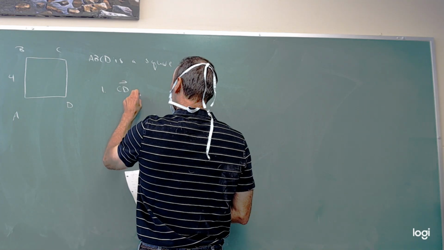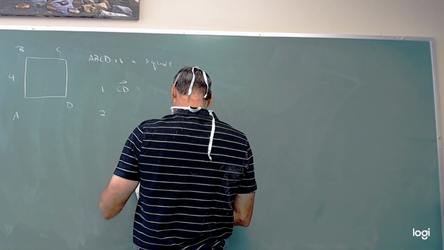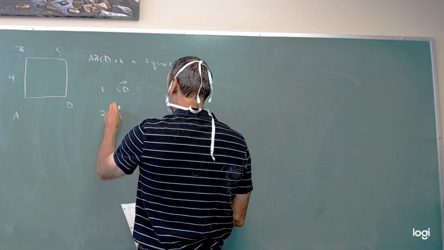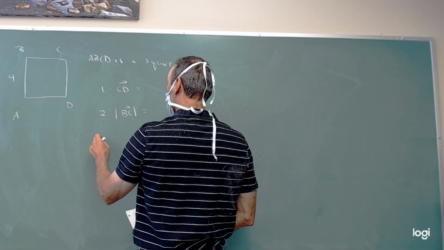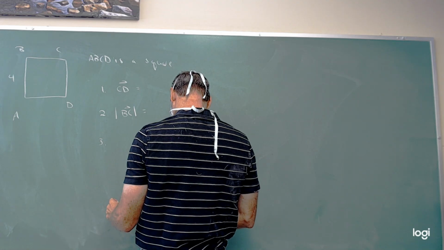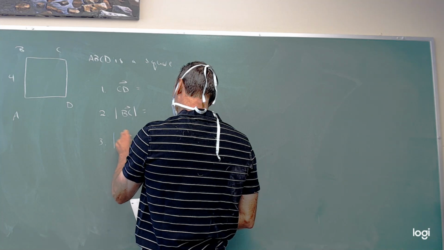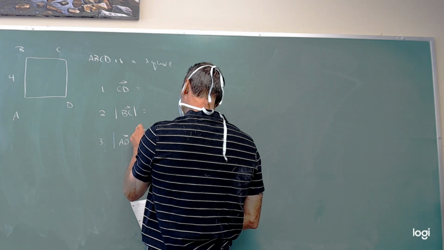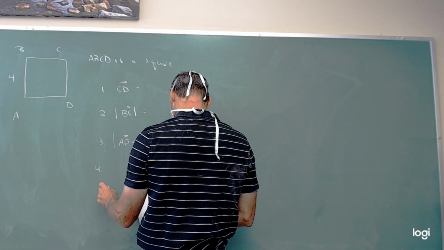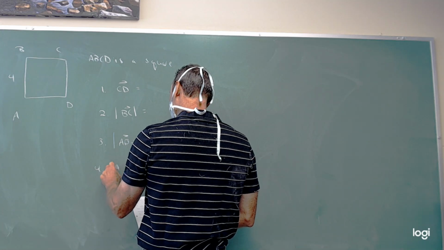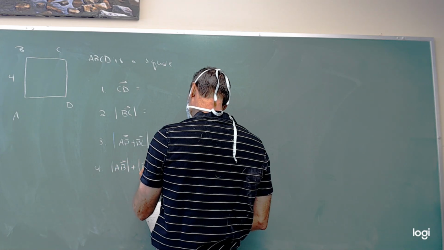So the vector CD is equal to, and then the magnitude of vector BC is equal to, and then the magnitude of AB plus BC is equal to, and then we'll say the magnitude of AB plus the magnitude of BC.